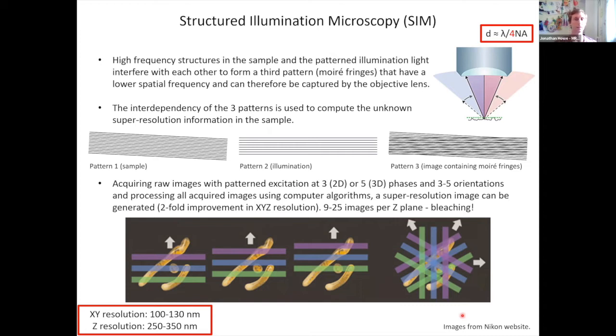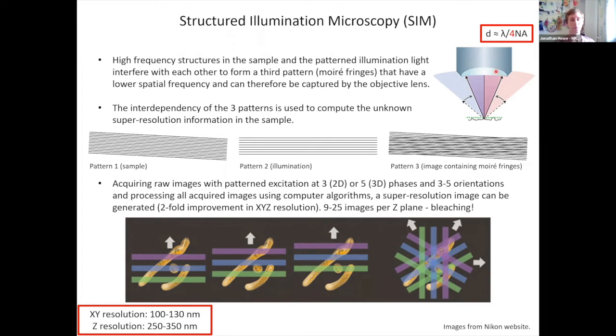So that light is not collected by the lens and therefore cannot contribute to the image formation process. So your lens essentially acts as a frequency filter. So the highest frequency information just cannot be captured by the lens. And what SIM aims to do is to shift this high spatial frequency information to low spatial frequencies so that it can be captured by the lens.